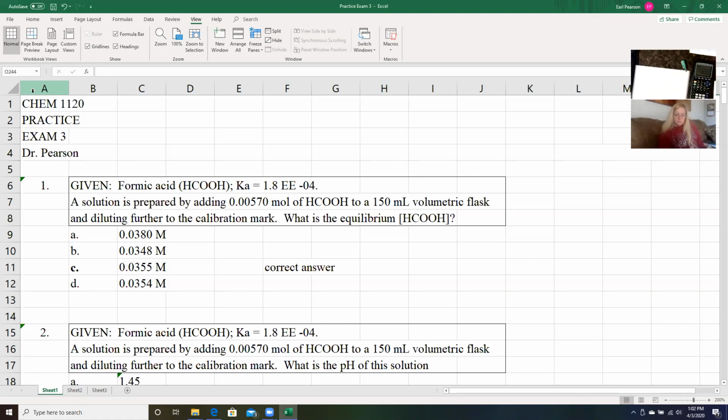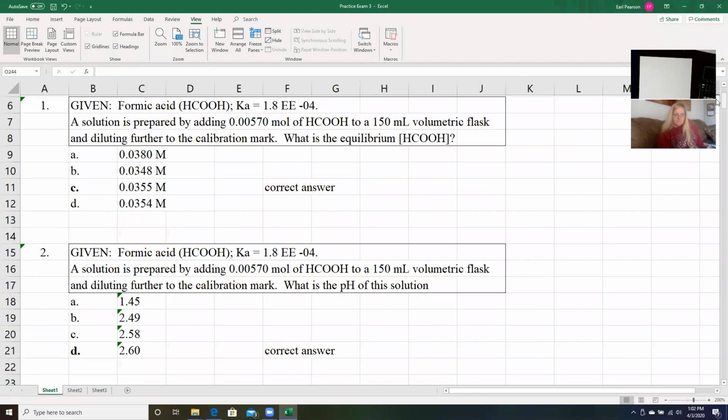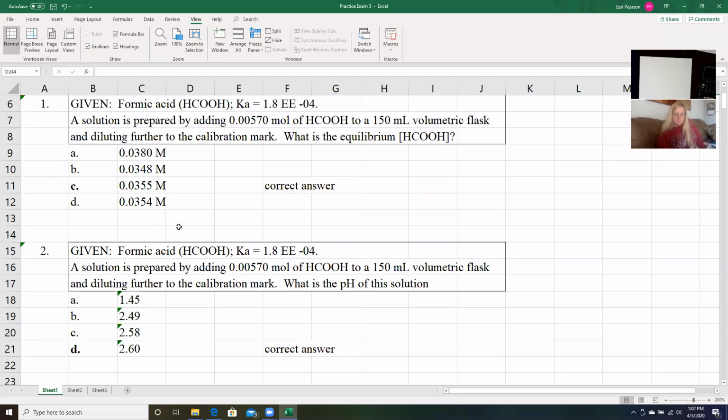Now let's see about number 2, unless you have one you want me to do next. Now this is going to be kind of nice. Looking at the form of this, I'm using the same acid with the same constant and the same amount dissolved. So I want the pH of the solution. So really, I've got the answer already for the hydrogen ion concentration.